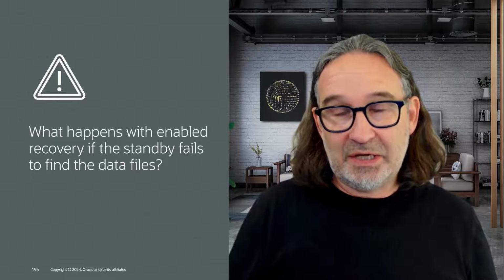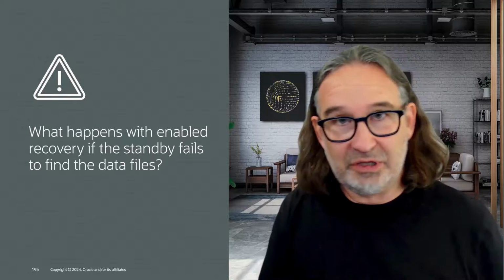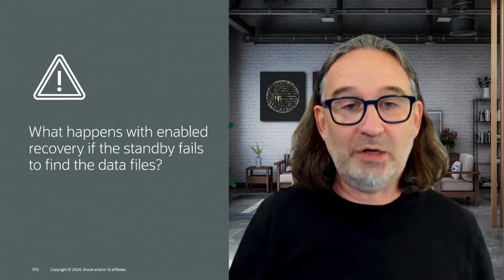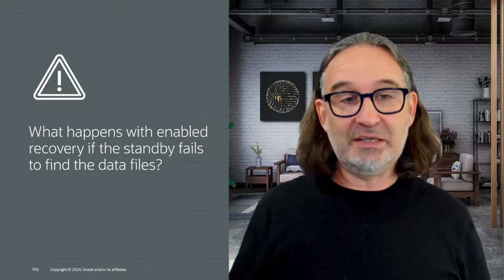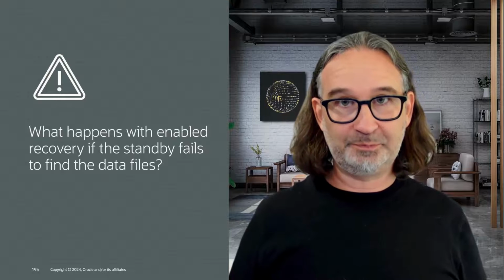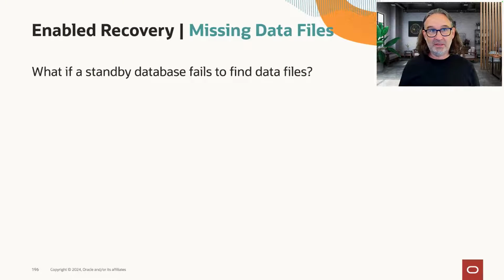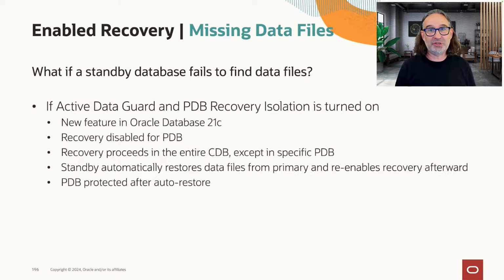Now we discussed everything works nicely and fine, but what happens in enabled recovery mode when the standby still fails to find a data file? If it fails to find a data file, with 21c and of course 23ai, we introduced a new feature. It's called PDB recovery isolation.